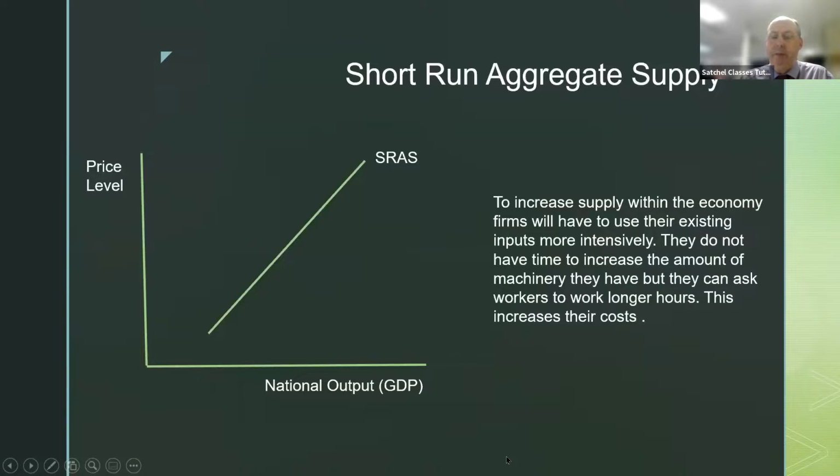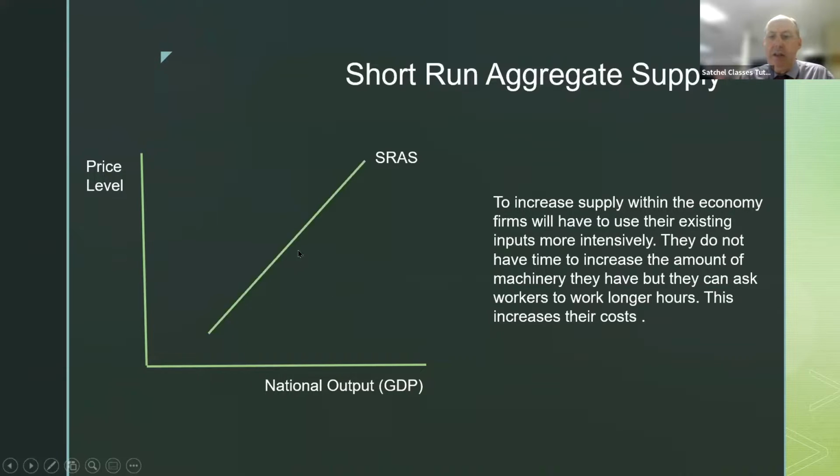So, as we've discussed, we've got price level on the left, national output at the bottom, and our short-run aggregate supply curve. Remember to label these properly. Label the short-run aggregate supply curve at the top of the curve. So to increase supply within the economy, firms will have to use their existing inputs more intensively.